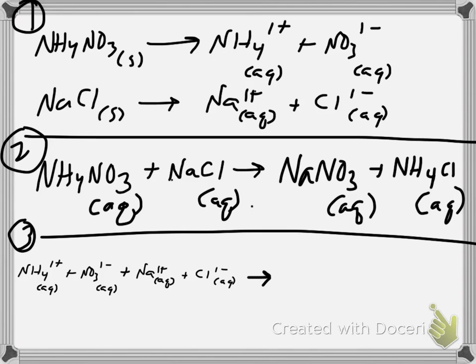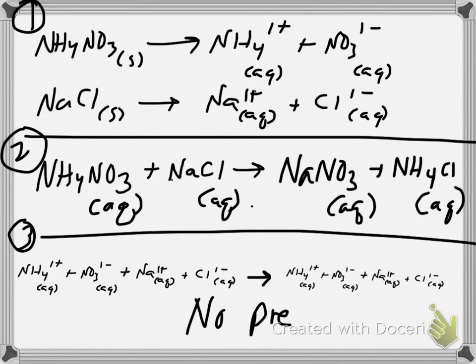Guess what my product side looks like? The same. Nothing changed. It's all still floating in just water. It's just ions floating in water. So what we typically do is we just write no precipitate. We can't write a net ionic equation. There's nothing to cancel out. There are no spectators. So you're done at step 3. You write an overall ionic and you say no precipitate occurs. Done.